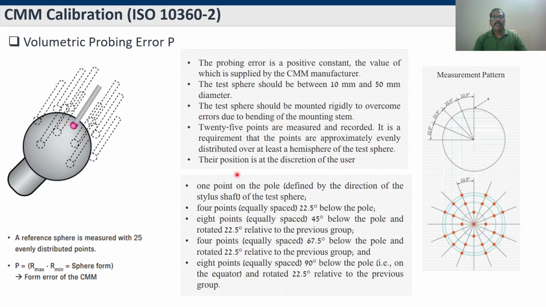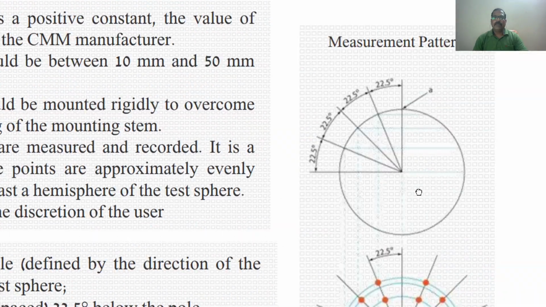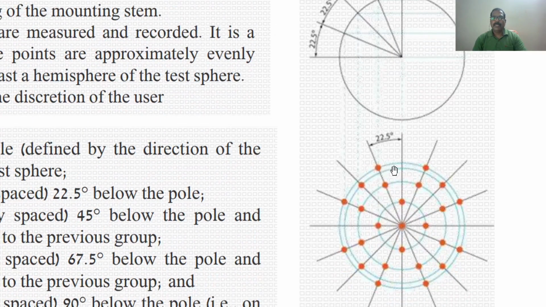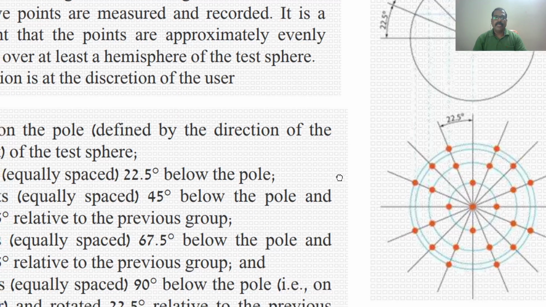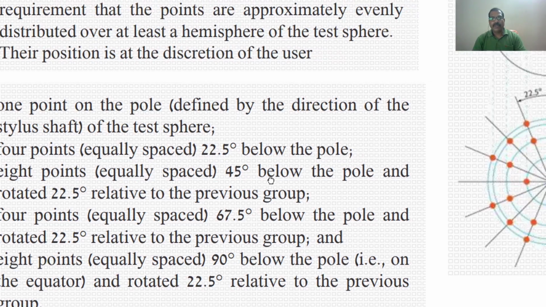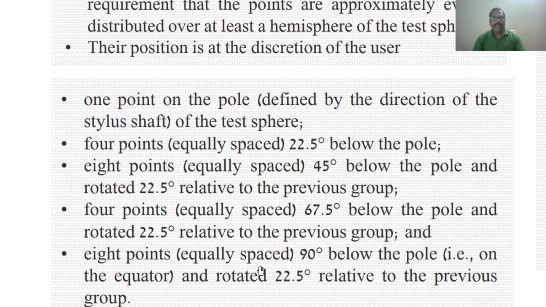Their position is at the discretion of the user. So how are they doing it? They are measuring from 0, then 22.5, 22.5, approximately. Similarly, from this hemisphere they take 25 positions. 1 point on the pole defined by the direction of the stylus shaft of the test sphere, 4 points equally spaced 22.5 degrees below the pole, 8 points at 45 degrees, then 4 points, then 8 points, like that.